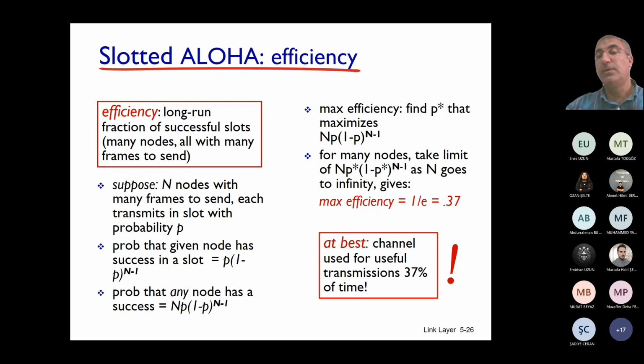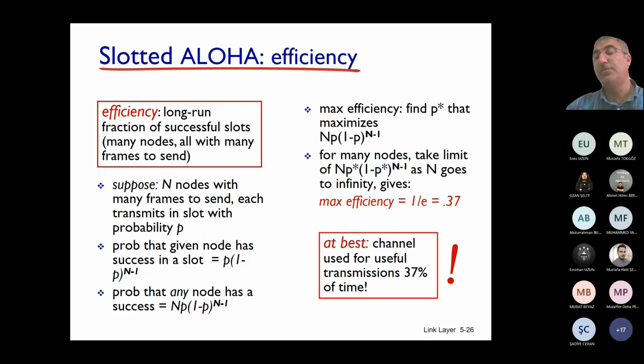To determine the maximum efficiency, we need to find the probability p that maximizes this probability of success. If you calculate this, you'll see that the maximum efficiency is 37%.